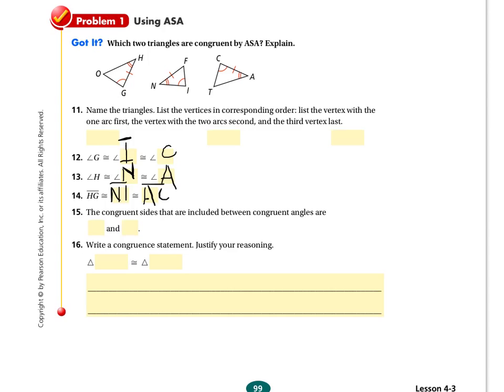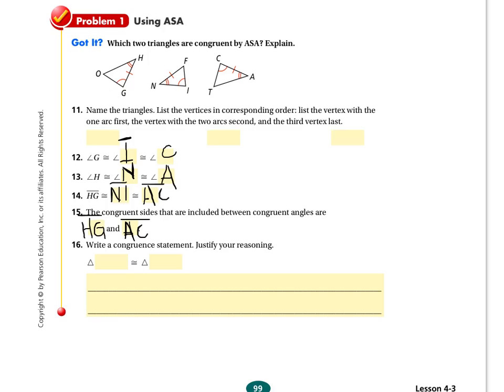On number 15, the congruent sides that are included between congruent angles are segment HG and AC. A, there we go.